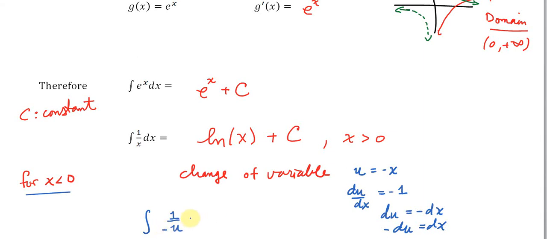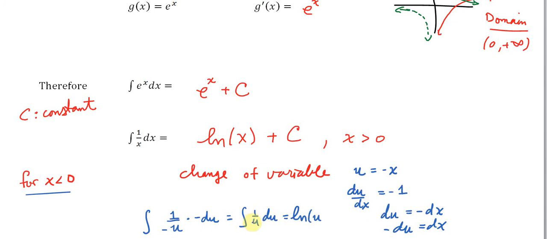Hold on a second here. Let me try this again, because if u is negative x, then we're changing x, so that would be negative u. And instead of dx, we're going to have negative du. And then the negatives just cancel. You might say, well, what the heck is going on? We're not doing anything really special here. All we're doing is changing all the x's to u's. But with a little bit of patience, we'll get to where we're going.